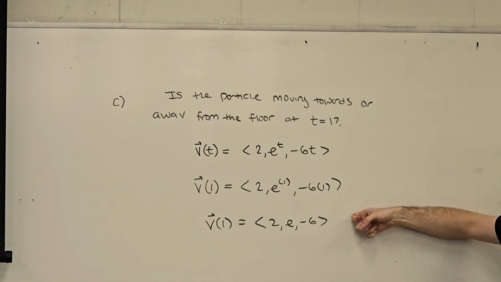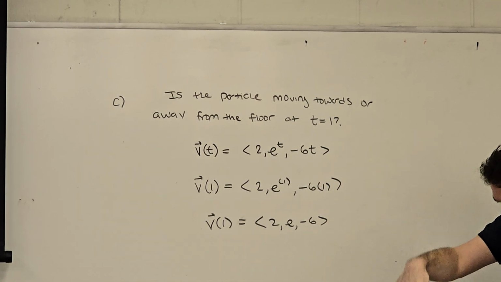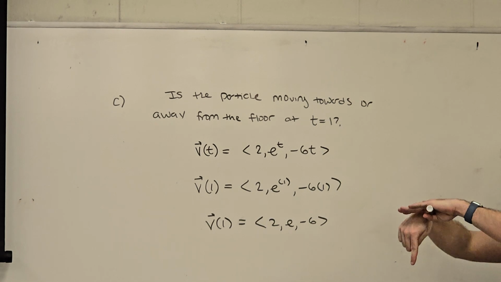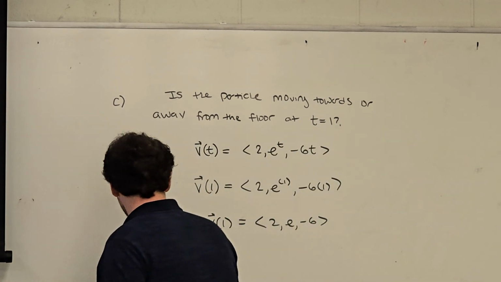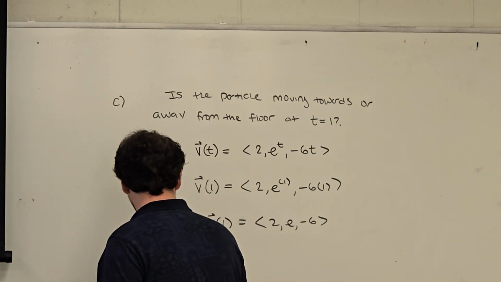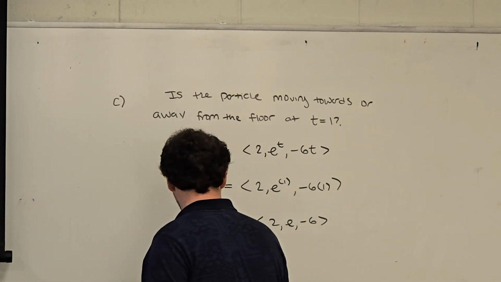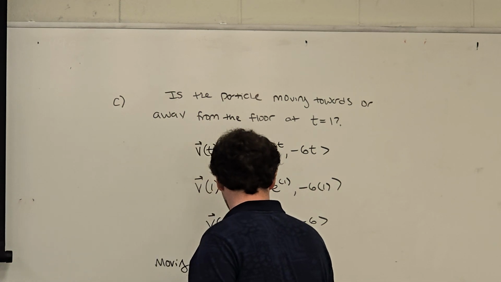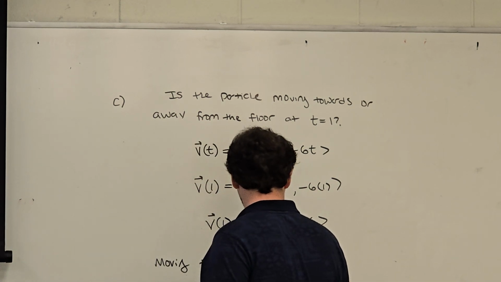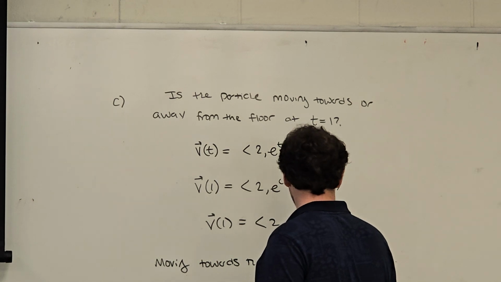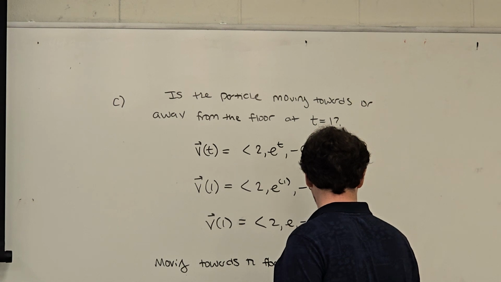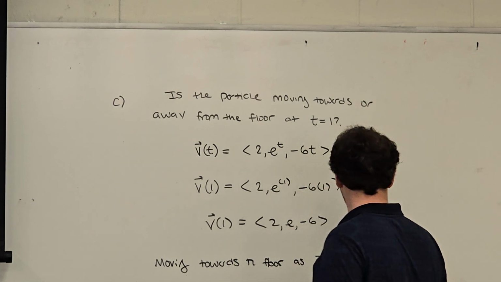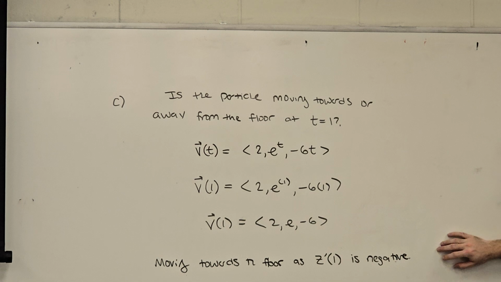What does my velocity vector suggest? Towards the floor. You're moving towards the floor. Your z coordinate is decreasing. So we're going to say moving towards the floor, as the derivative at 1, z prime of 1, is negative. So a lot of those conceptual Calc 1 ideas are still there.